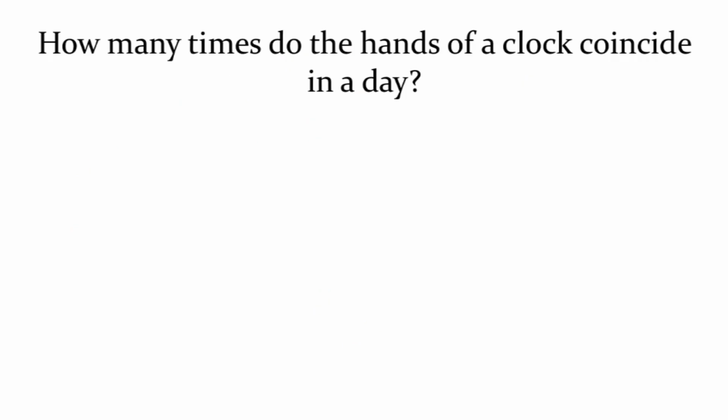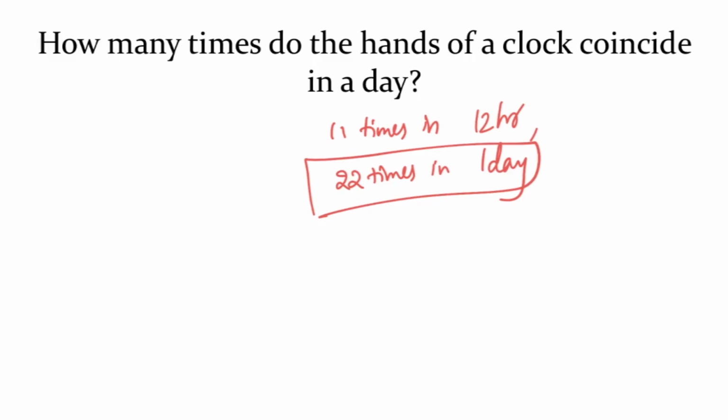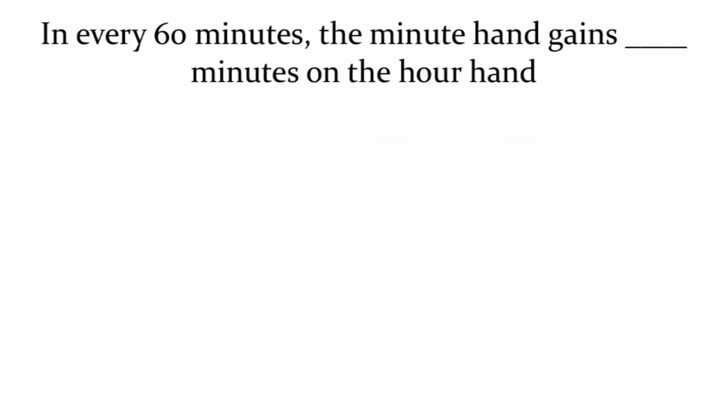How many times do the hands of a clock coincide in 1 day? Already told you, coincidence happens 11 times in 12 hours and 22 times in 1 day. Answer is 22 times. In every 60 minutes, the minute hand gains how many minutes on the hour hand?